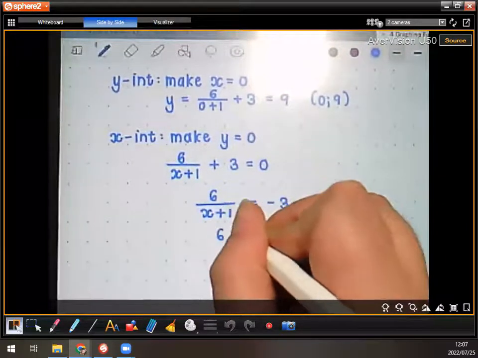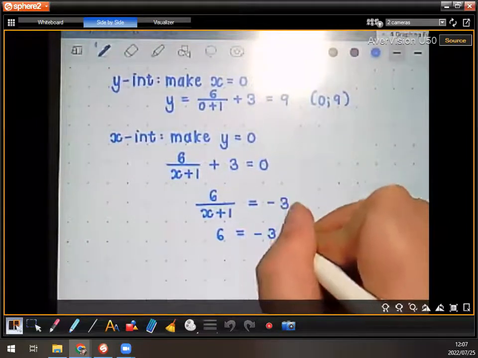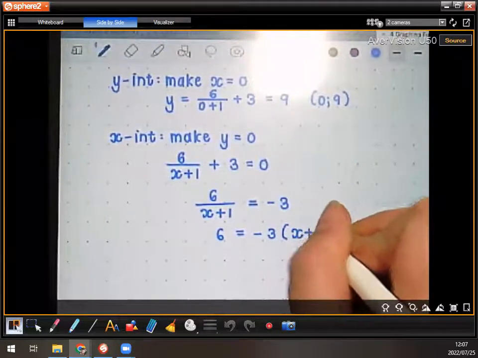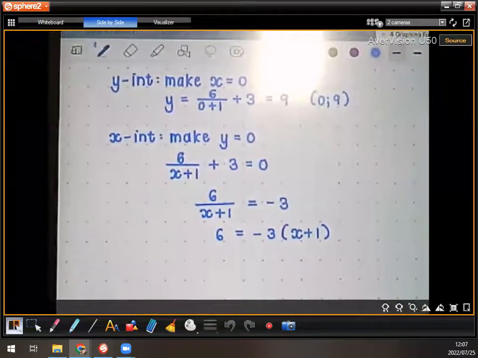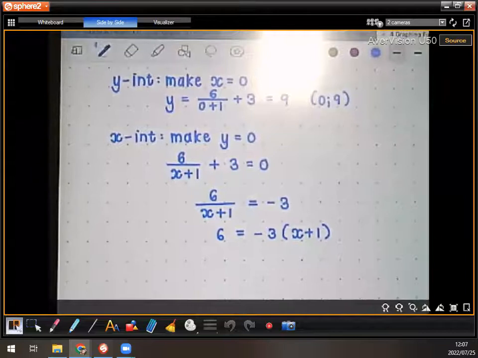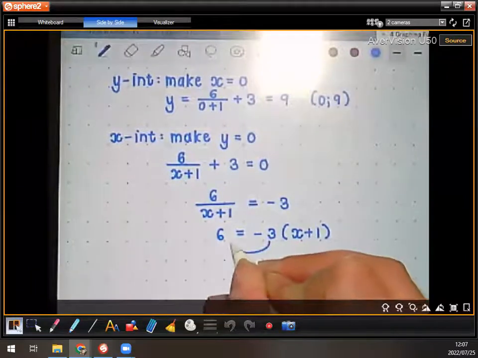So what I'm going to do is I'm going to leave my 6 like that. And then I'm going to say negative 3, and I'm now timesing that by x plus 1. Right? On the left-hand side, guys, we're dividing by x plus 1. So when we move it, we have to do the opposite operation. We must times by x plus 1. Now, you can maybe decide if you want to multiply that negative 3 into the bracket, that's fine. You can do that. Okay, but what you can also do, which is actually quicker, is you can now move this negative 3 over to that side.